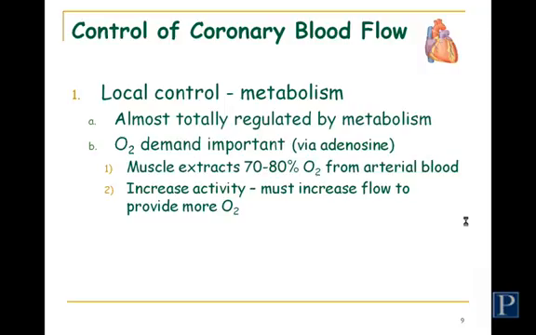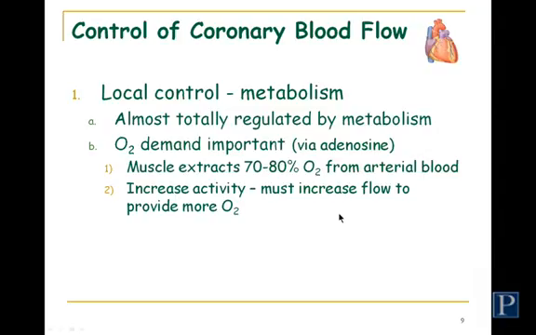Now, adenosine, remember, is a breakdown product of ATP. So if ATP is completely broken down, you keep removing phosphate after phosphate, and you're going to be left with adenosine. And adenosine is a very potent vascular smooth muscle relaxant, which would cause dilation of the blood vessels to try to get more blood to that muscle.